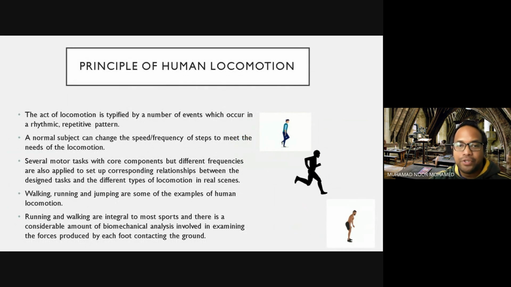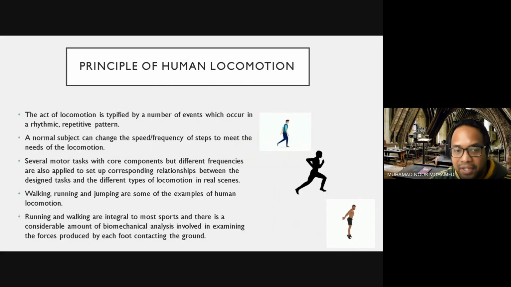So the act of locomotion is typified by a number of events which occur in rhythmic repetitive movement. Okay, a normal subject can change the speed, frequency of step to meet the need of the locomotion. And several motor tasks with core component but different frequencies are also applied to set up corresponding relation between the design task and the different type of locomotion in real cases.